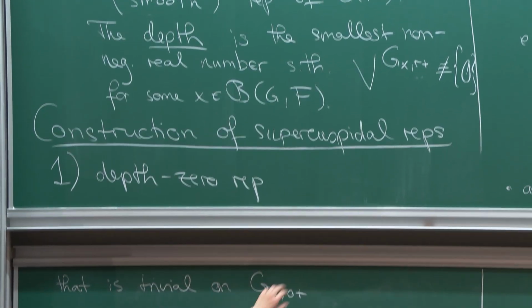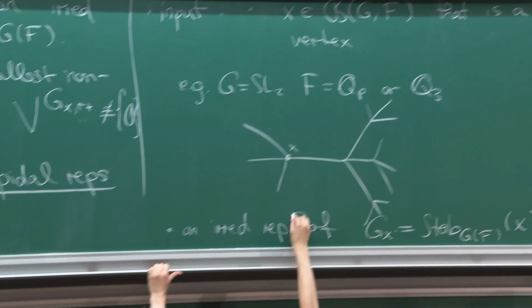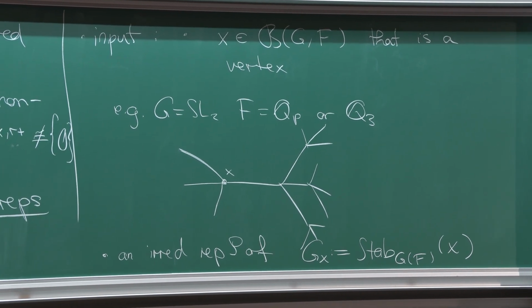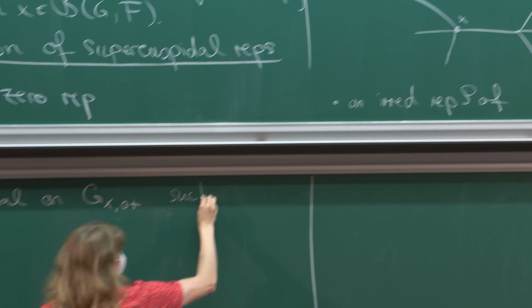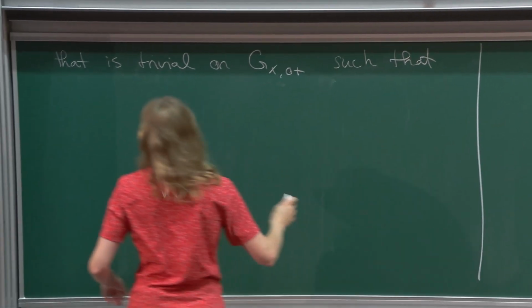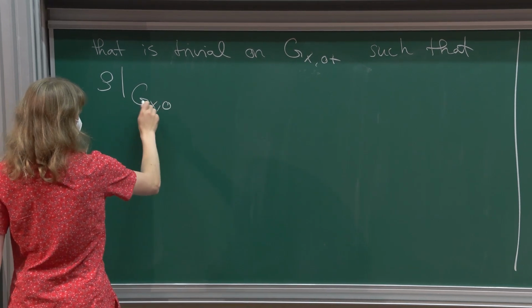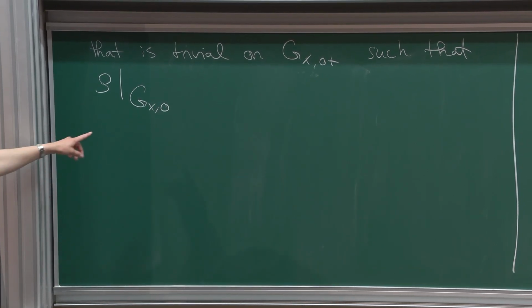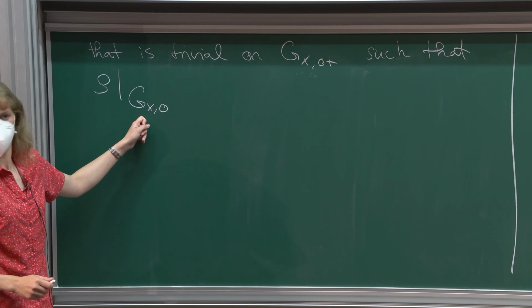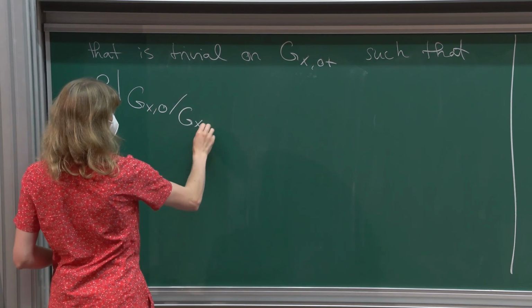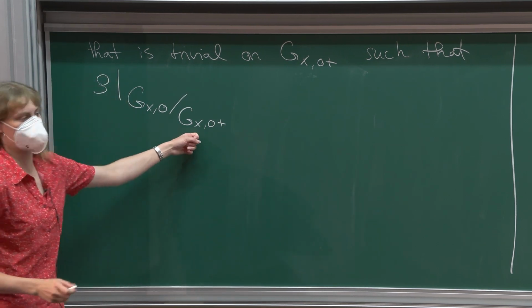So we want an irreducible representation. Oh, I should give it a name. Say rho of the stabilizer is trivial on G_{x,0+}, and such that if we take this representation and restrict it to G_{x,0}, what we defined last time, this is also called the parahoric subgroup, then there's a representation of the quotient because it's trivial on G_{x,0+}.